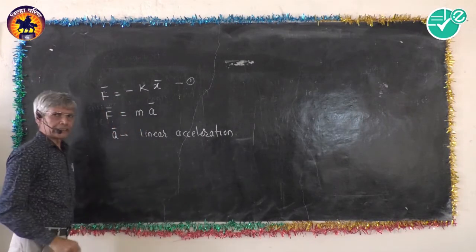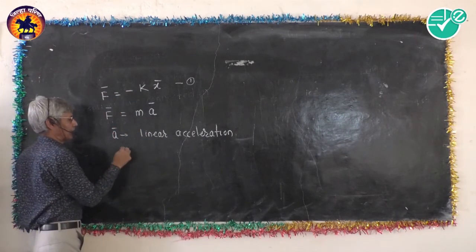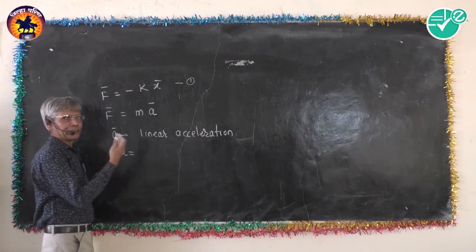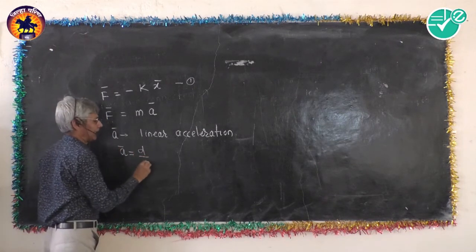Now this linear acceleration can be represented in differential form as the rate of change of linear velocity with respect to time, that is dv by dt.